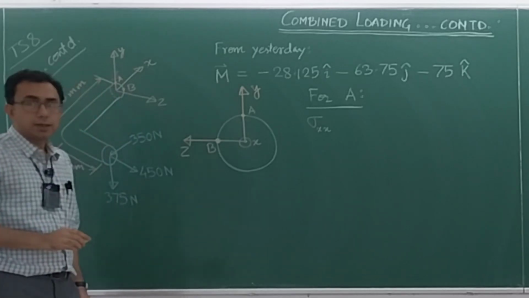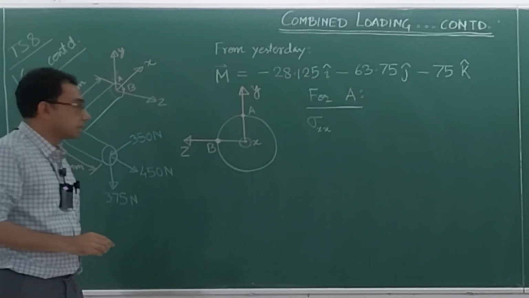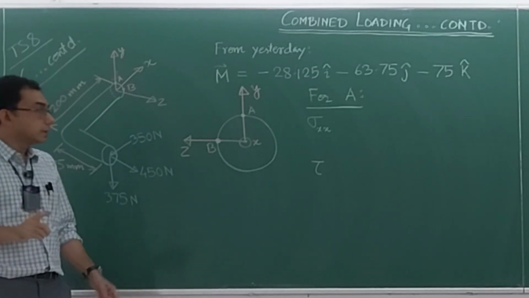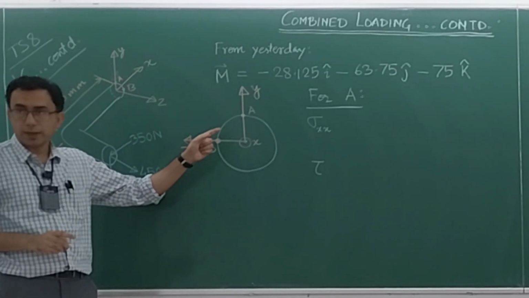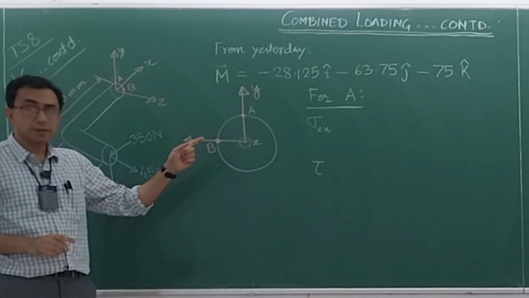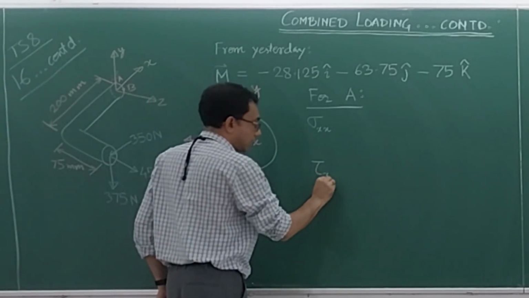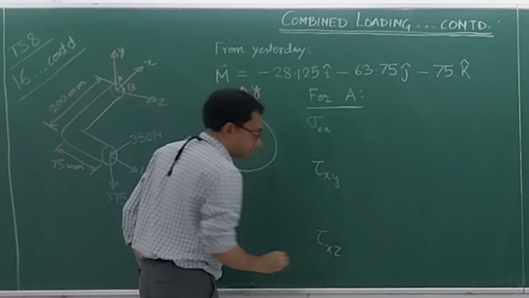Now, if I want to write the shear stress, I will have a tau xy over here. I will also have a tau xz. Both have to be accounted for, tau xy as well as tau xz.